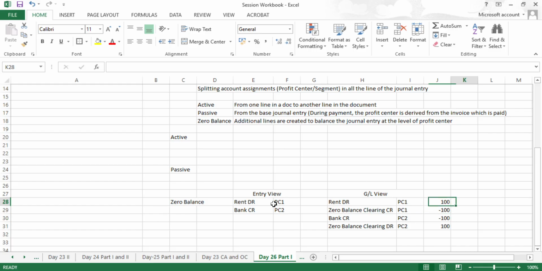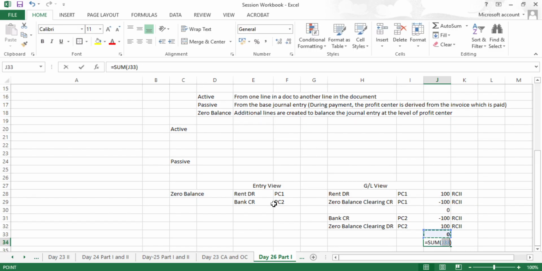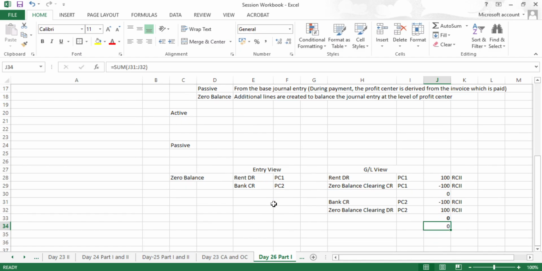And of course, this total journal entry may relate to RCII. So if we do the total at the level of company code also it is 0, and at the level of profit center also it is 0.